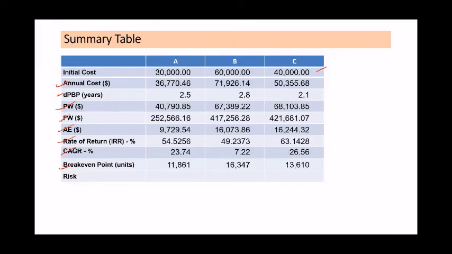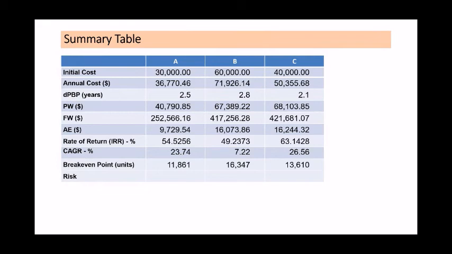Okay, for Abdurrahman, so you are proposing C. Based on, okay, let us see. Annual cost, it is not the lowest. Okay, for example, this is how you are going to analyze later on. If you look at the summary table, not all the indicators favor C. But for example, Abdurrahman wants to present this as his choice. So he will tell the management, okay, I'm proposing alternative C.